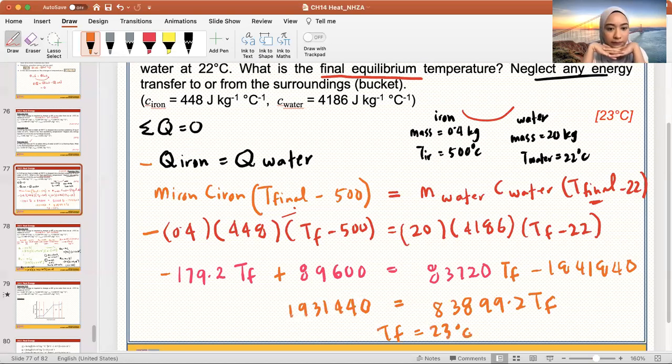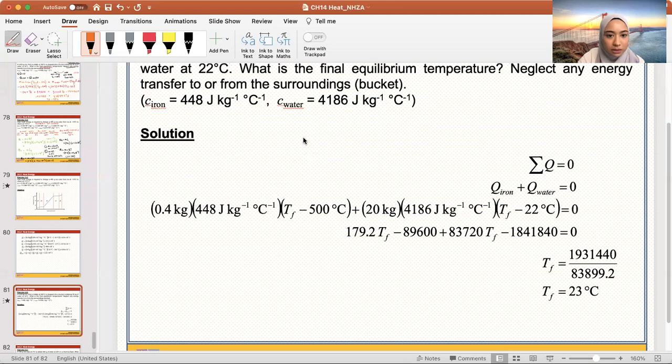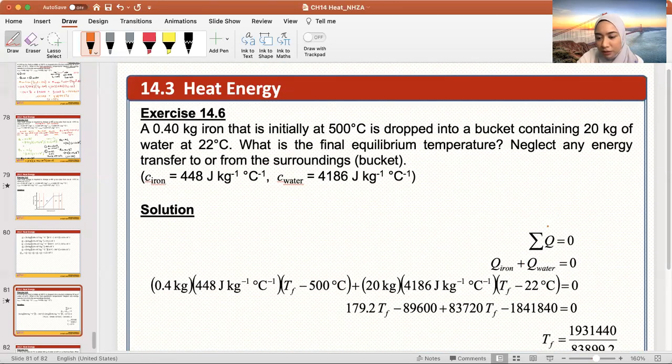Okay, so let me think. This guy needs to be negative so that when I add it to the water, it becomes 0. Minus Q. Okay, let's see the solution. So they use the net Q equals to 0.